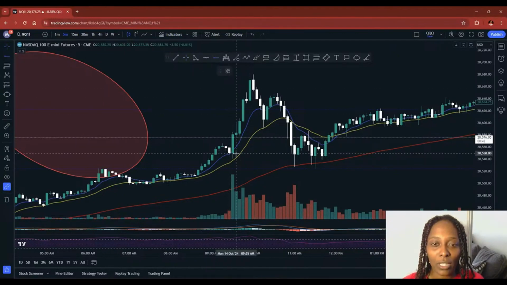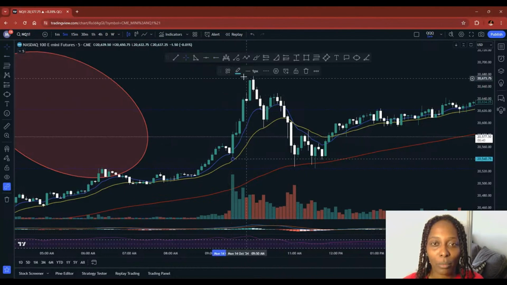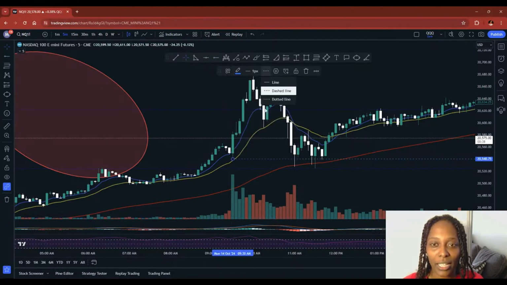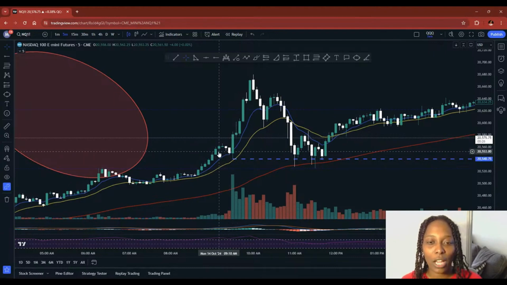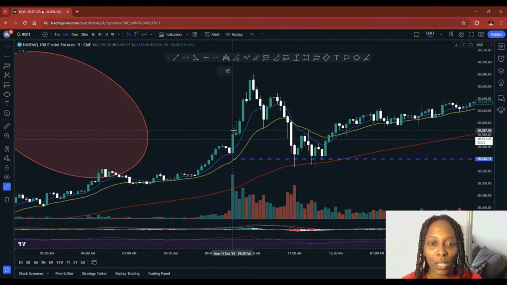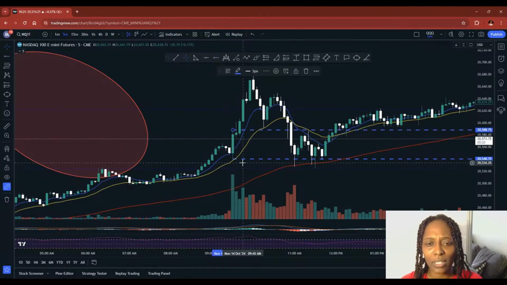At the low of this candle is where I would place my first line, to let me know, okay, that's where we opened and that was the low as of now. Initial balance forms within the first hour of trading. So I'll have 2 lines. That's my low.